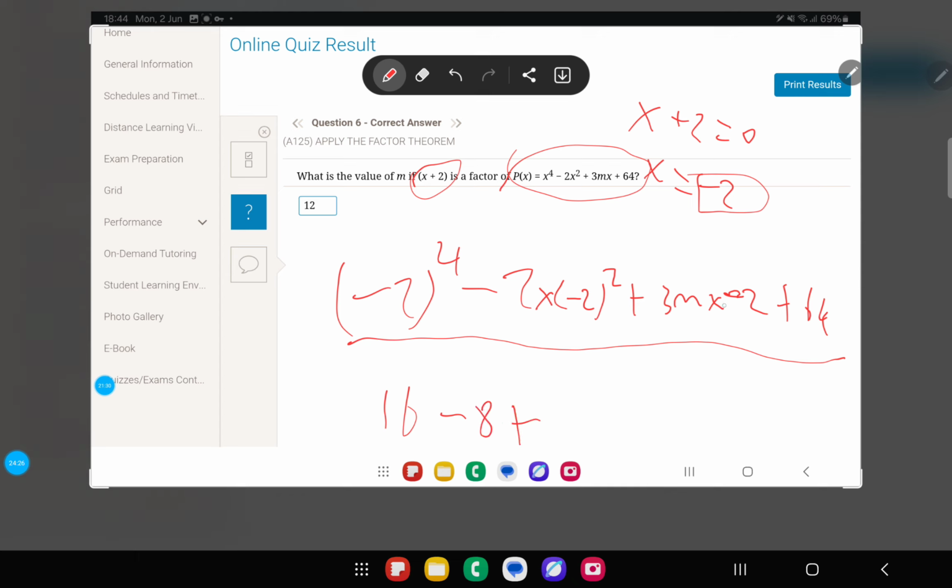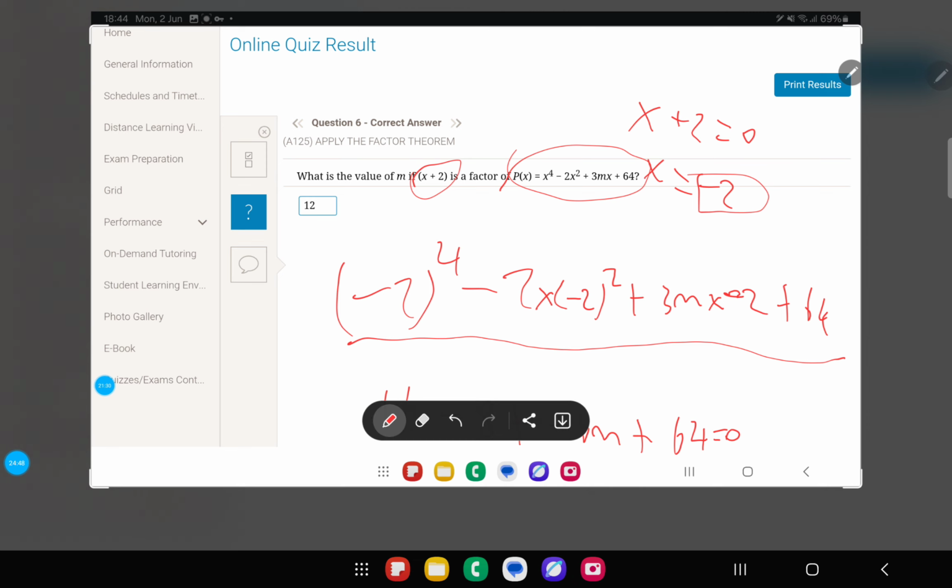Plus 3m, 3 times m times negative 2. You're going to get negative 6m plus 64. Okay, I'm going to make it equal to 0. Now we can solve for m.